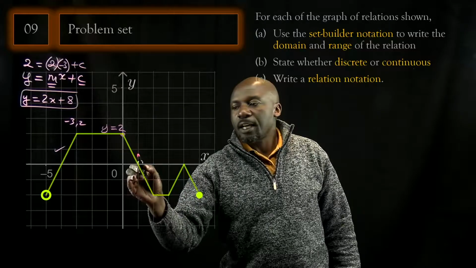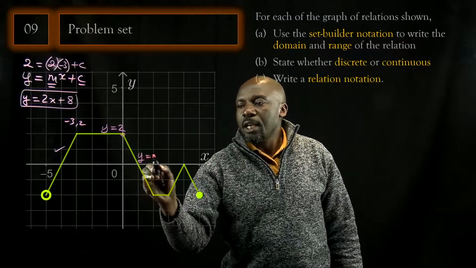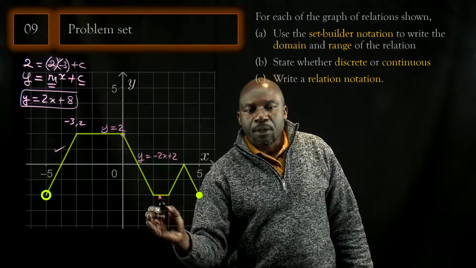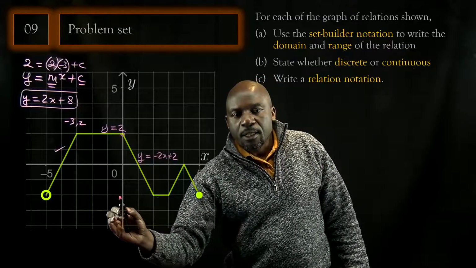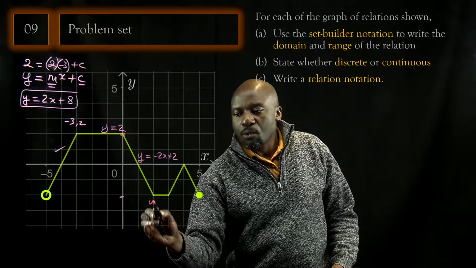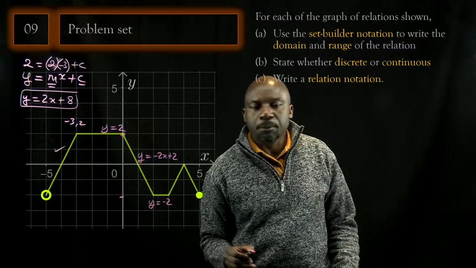So the equation of this line is straight away y is -2x plus 2. That's much easier. This next one is horizontal at -2, so the equation of this line is y is -2.